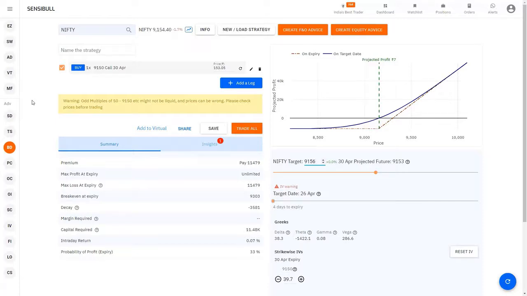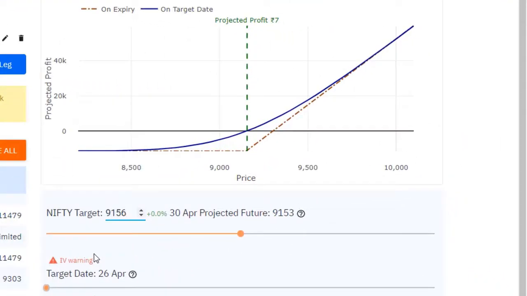So let's start with the at the money option, which is 9100 call 30th April, right? So my question now is, how much will the P&L, which you're seeing projected, a profit of 7, almost 0, change if Nifty goes up by, let's say, 1 point? And my answer to that is somewhere around 47 rupees.